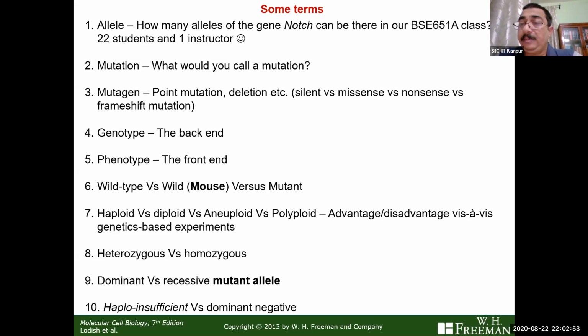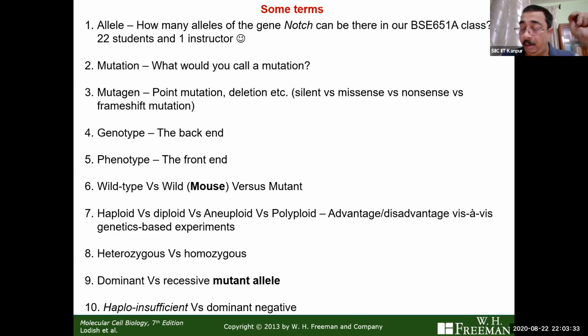But there are certain genes. One of the genes that I work with a lot is a transcription factor called SOX9. It is involved in so many different processes. But SOX9 heterozygous, meaning if you knock out SOX9 in a mouse so just one copy is there, those mice cannot survive. So haploinsufficient is the technical way of saying SOX9 is a haploinsufficient locus, meaning you need both the copies of SOX9 for normal phenotype.